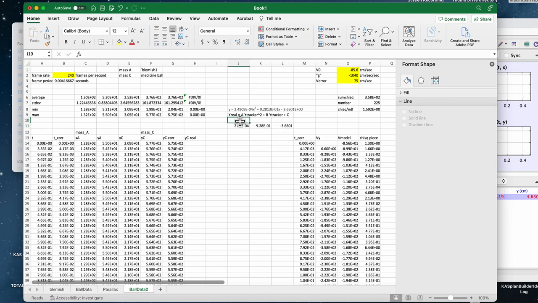This will be A, B, C. And then over here this is going to be equal to A times our previously corrected value squared plus B times that plus C. Okay, let's not forget to put in our dollar signs where appropriate. So there.